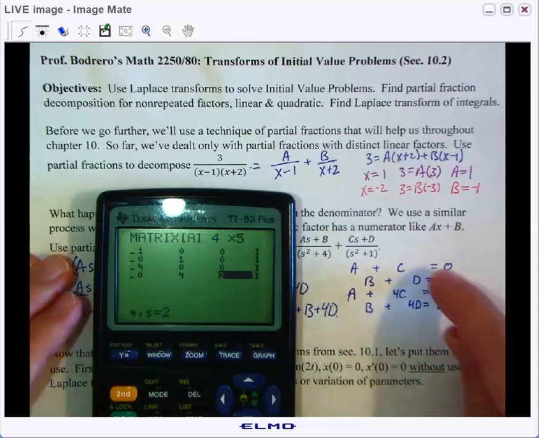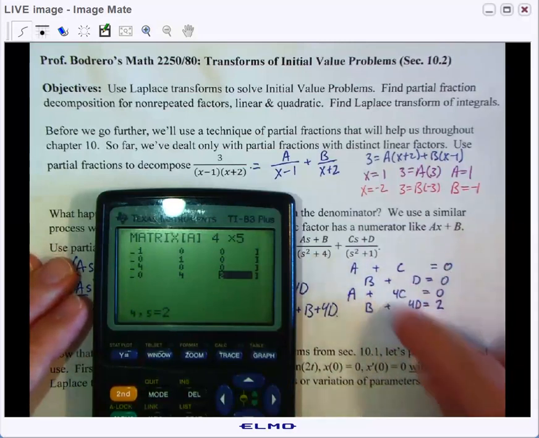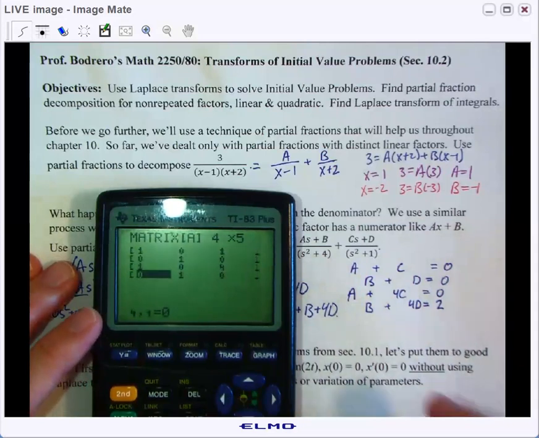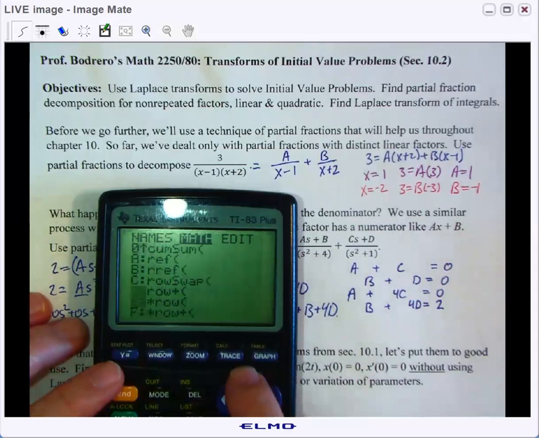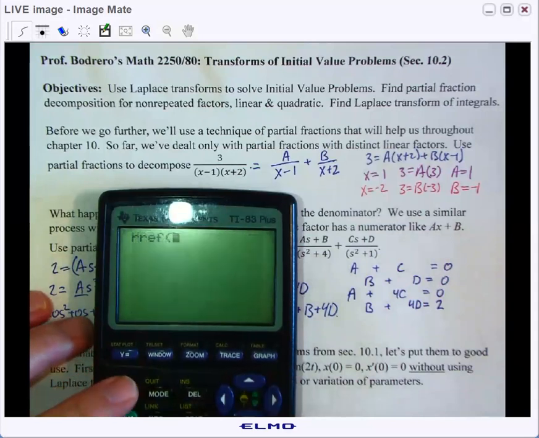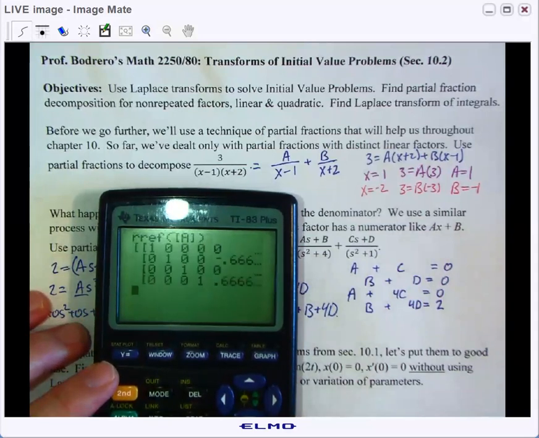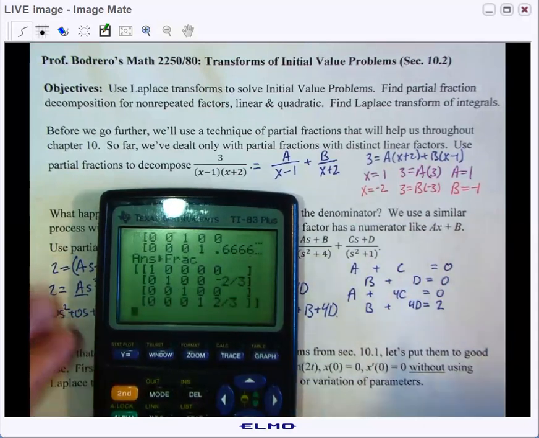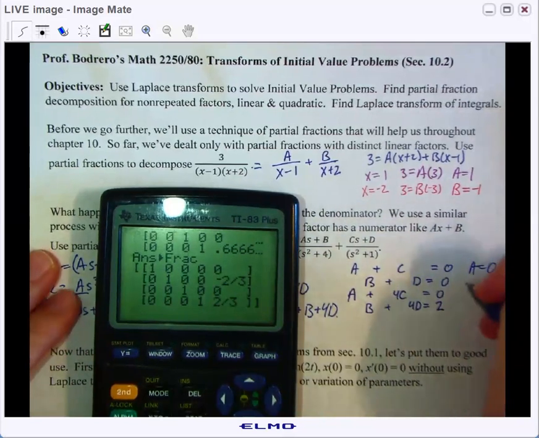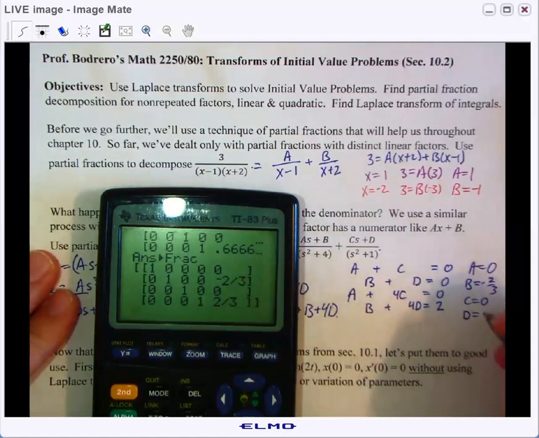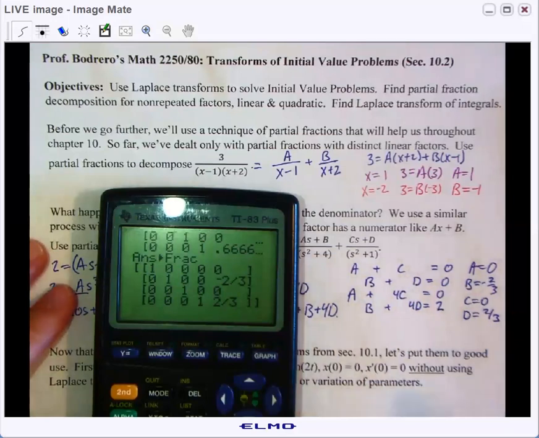Okay, I'm just going to do a quick double check, make sure that all of my entries are correct. And then if we do some matrix math on that matrix, we find out that A equals 0, B equals negative 2/3, C equals 0, and D happens to equal positive 2/3.